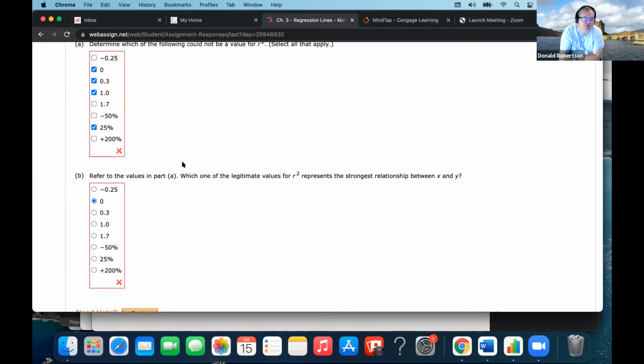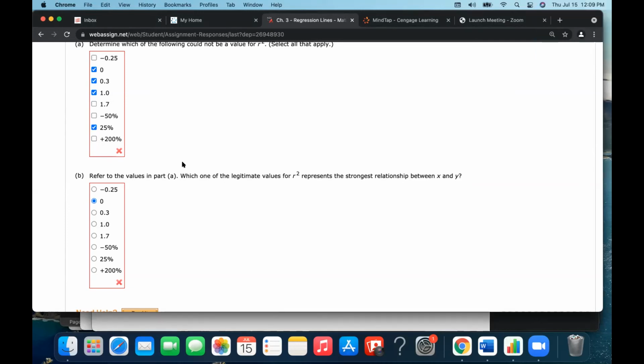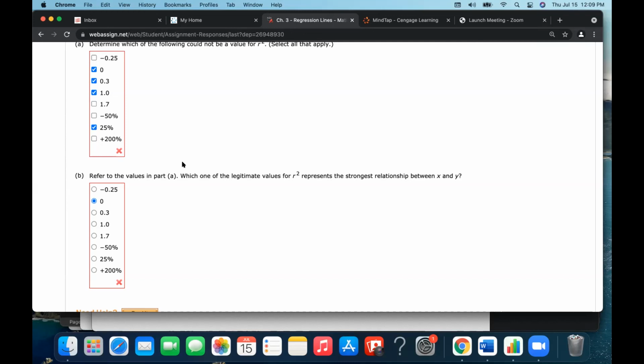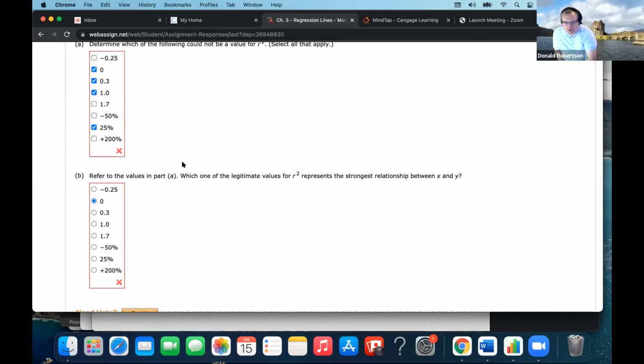So you're not even using your answers. You're just using the table, and this time looking for the good ones. Of these 4 good ones, one of them represents the strongest relationship. When you do a straight line, what value will R be when it's a perfect fit? 1 or 0? 1. 0 is a horrible fit. 0 is no good at all.